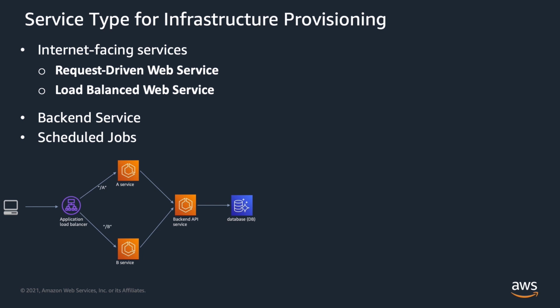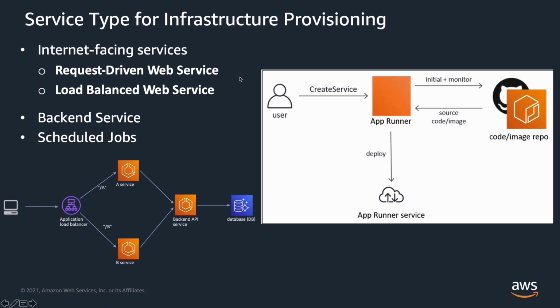If you want your service to serve, let's say, internet-facing traffic, then you have two options: request-driven web service and load-balanced web service. The request-driven web service will provision an AWS App Runner service to run your microservice. It auto-scales your instances based on the incoming traffic for your application and scales down to baseline instances when there is no traffic.